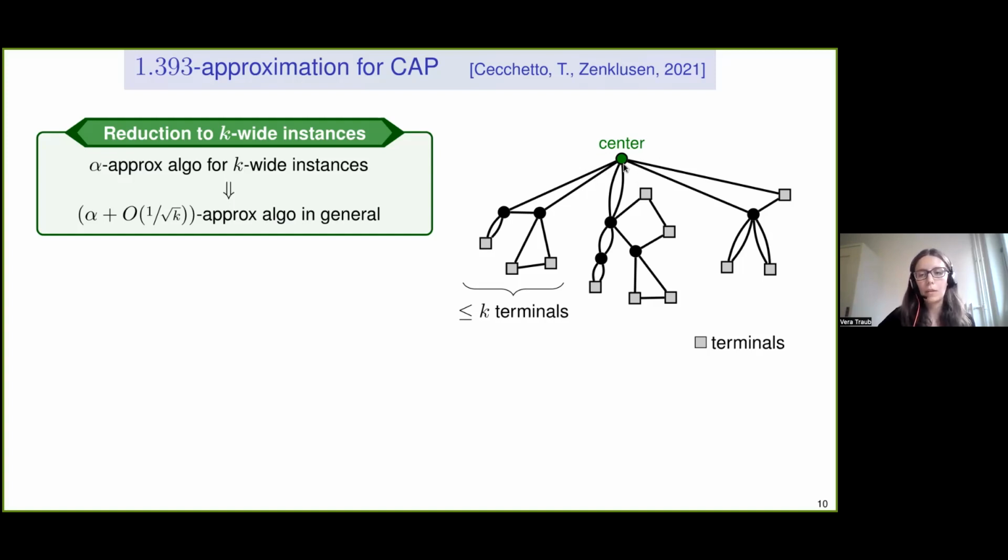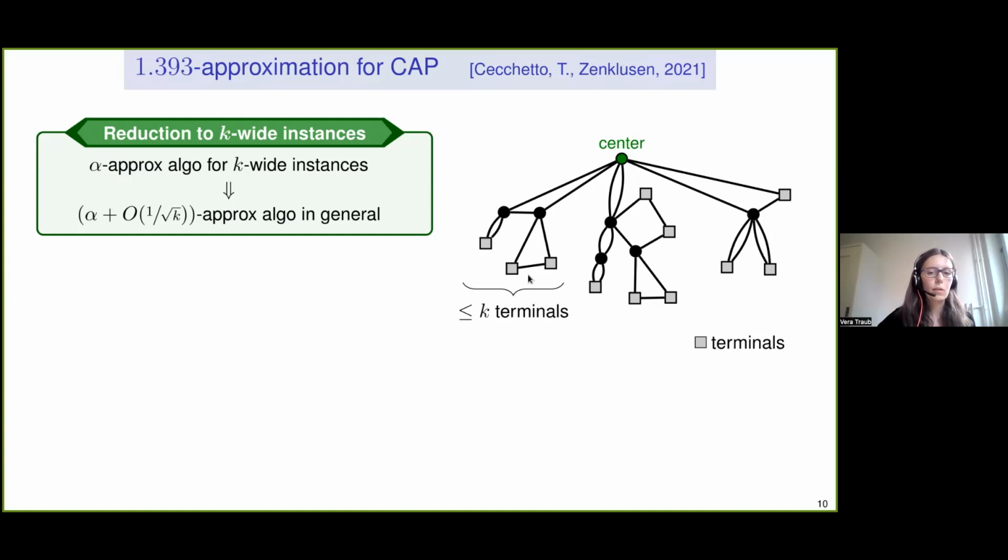And then from the center here, we have a cactus graph. There are some subcacti hanging off the center. So here we have these 3 subcacti hanging off the center. And then I say that an instance is k-wide if in every subcactus hanging off the center, I have at most k terminals, where a terminal is simply a vertex of degree 2.